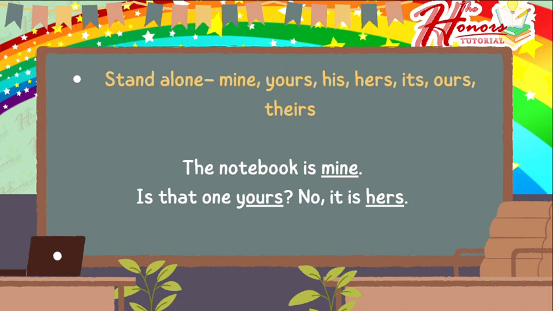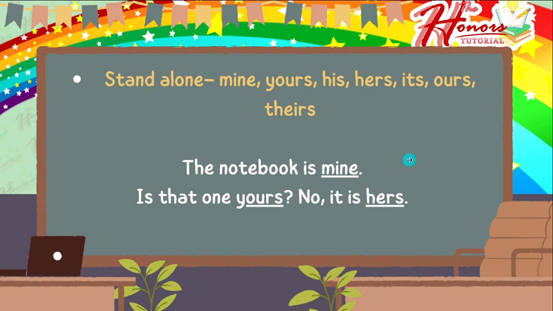For example, the notebook is mine. The possessive pronoun in the sentence is mine. Is that one yours? No, it is hers. In the sentences, the possessive pronouns used are yours and hers. We use these pronouns that can stand alone in order to avoid repetition in the sentences.